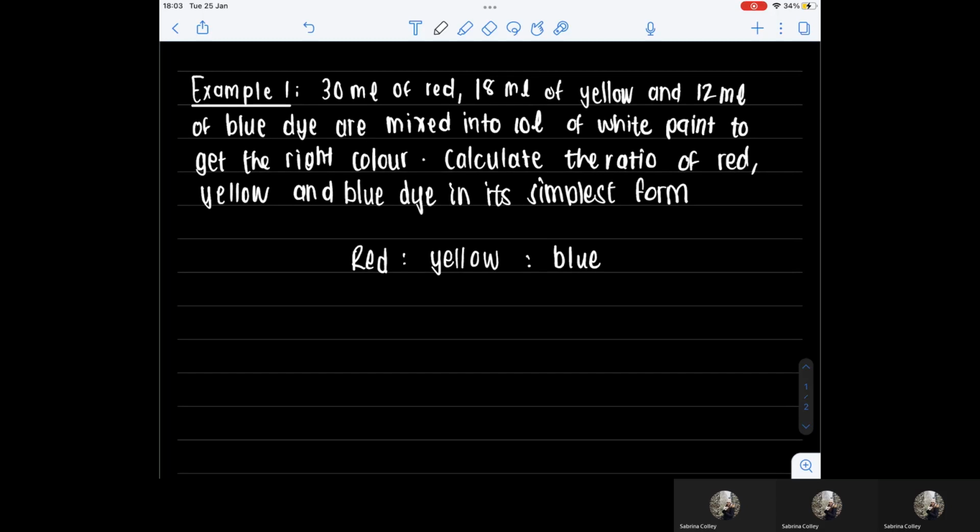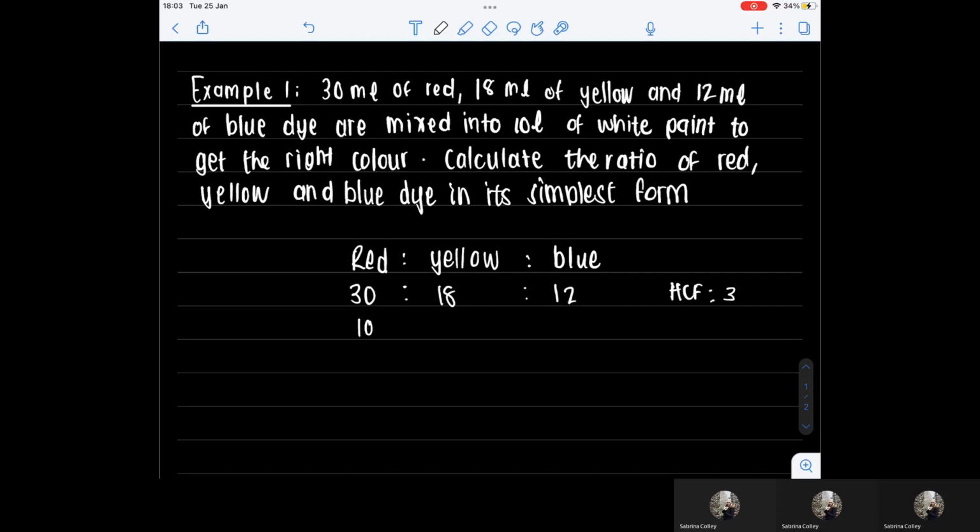So I know I've got 30 milliliters of red, 18 milliliters of yellow, and 12 milliliters of blue. Okay, and this isn't in its simplest form. I need to find the highest common factor and divide each one by that. Okay, so in this one, just by looking at it, I think my highest common factor is 3. So 3 goes into each of them.